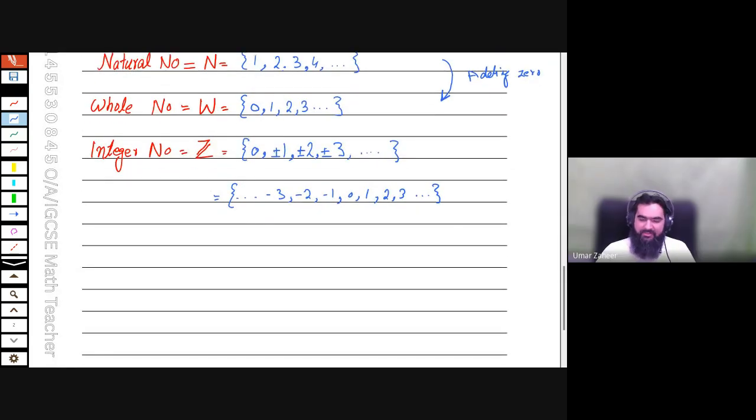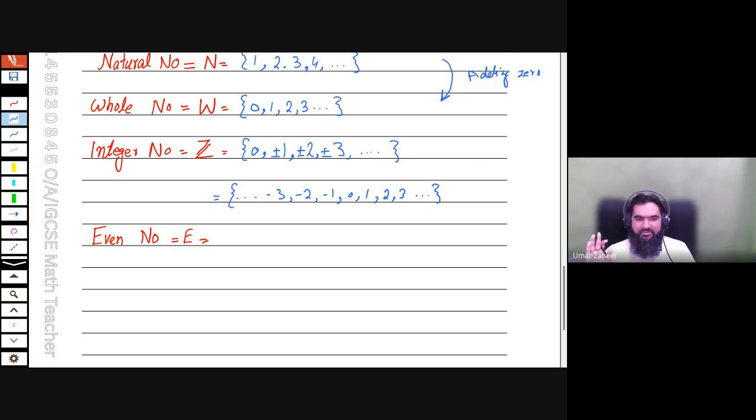Now, the next set we have to talk about is even numbers. Now we are going to talk about numbers with some property. Even numbers are usually shown by E. Even numbers are those numbers that are divisible by 2.